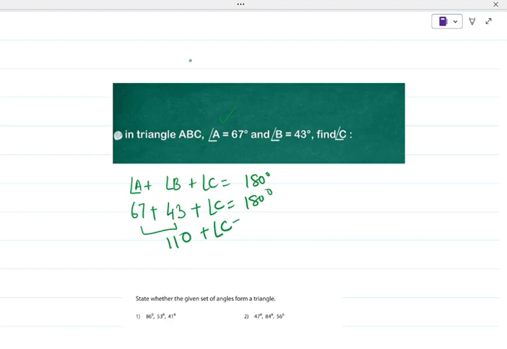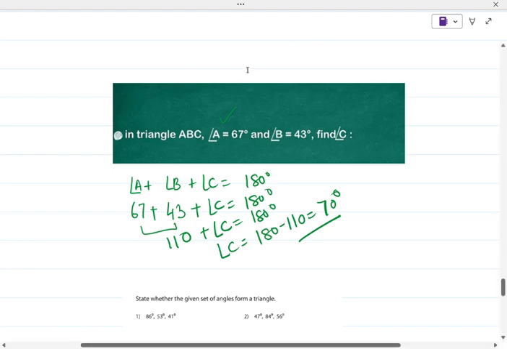It is 110, plus C is 180 degrees. So angle C is 180 minus 110, that is 70 degrees. So we find angle C is 70 degrees. Is it clear? Okay. So we can do so many sums like this.